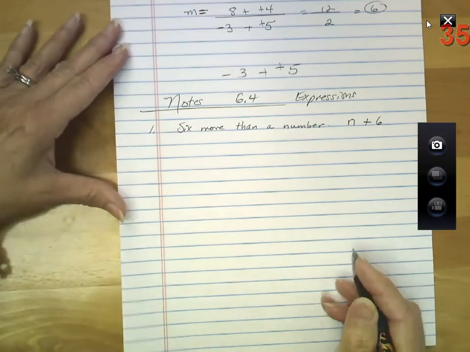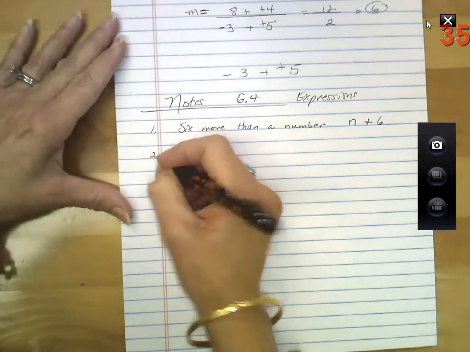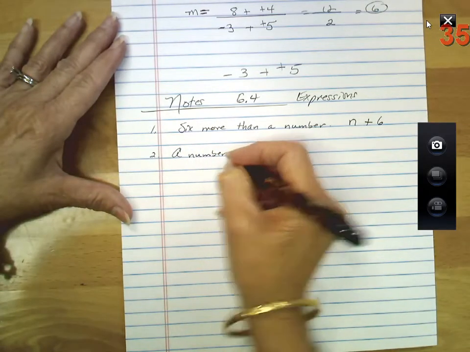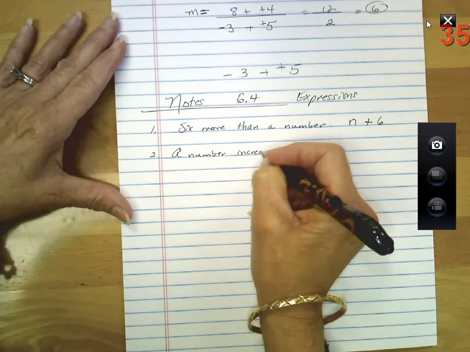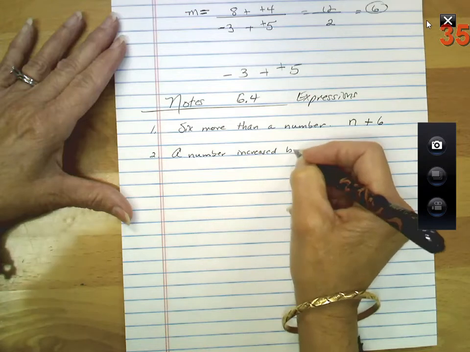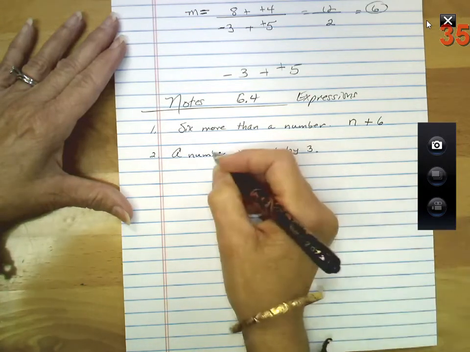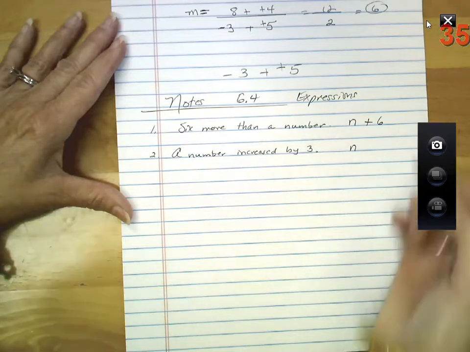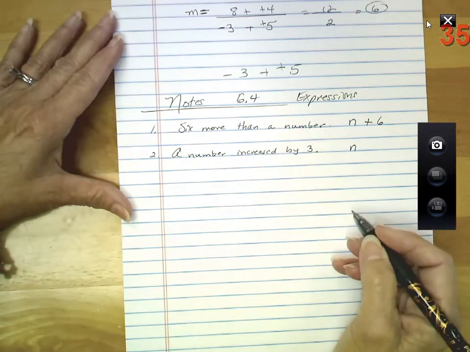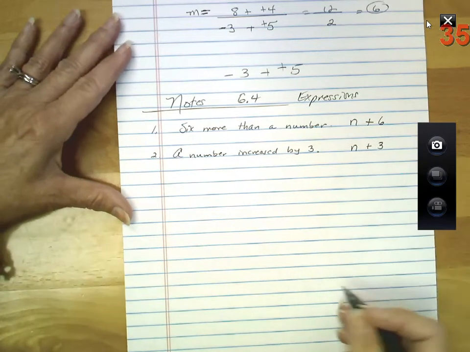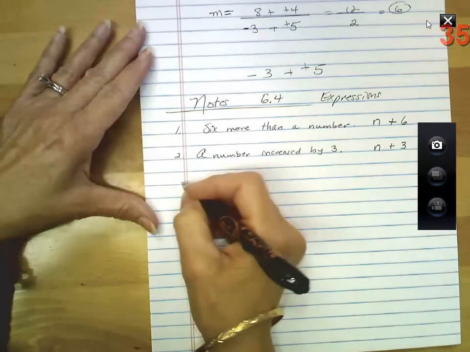Okay, all right. Number 2, a number increased by 3. You've got a number and you're going to increase it by 3. Well, plus 3. Increase by 3.